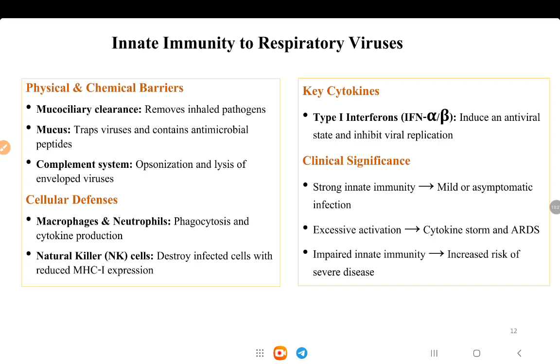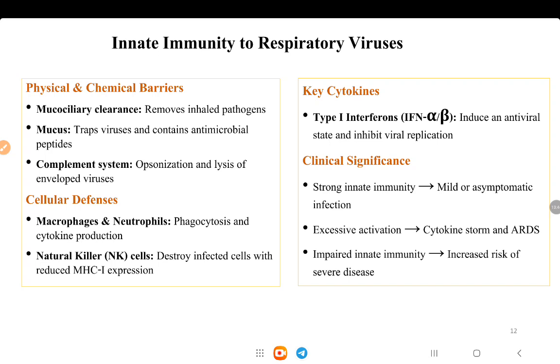Cellular defense includes macrophages and neutrophils, and the neutrophils kill the virus by phagocytosis and produce cytokines. Natural killer cells destroy the infected cells with reduced MHC class I expression.